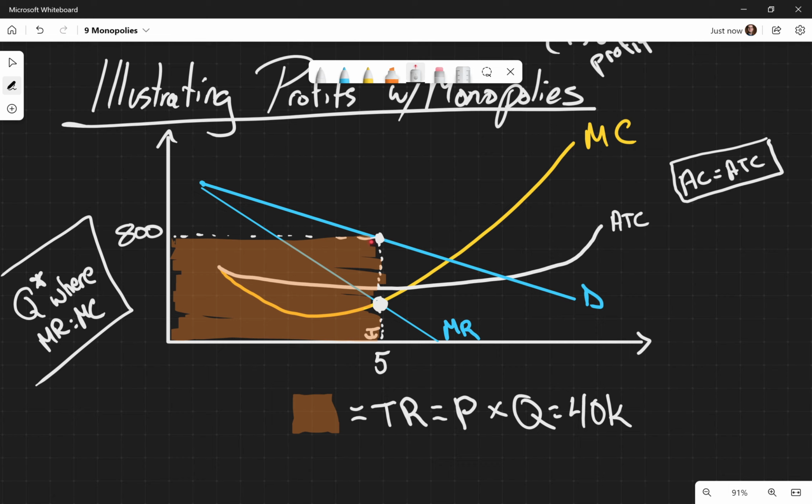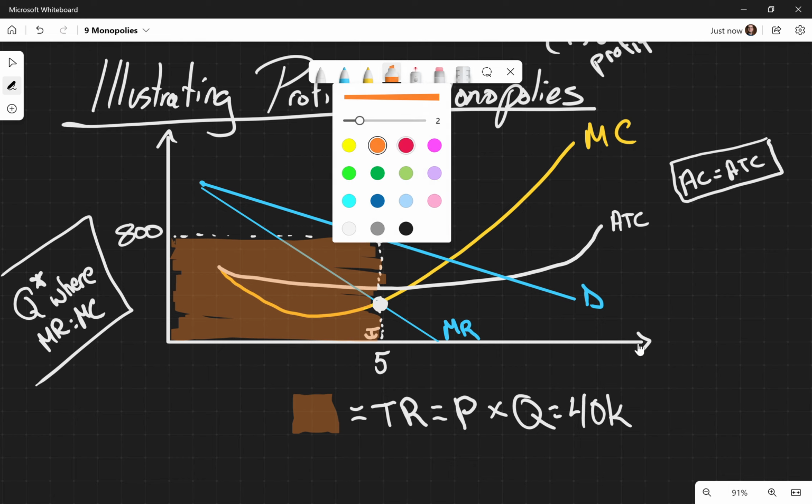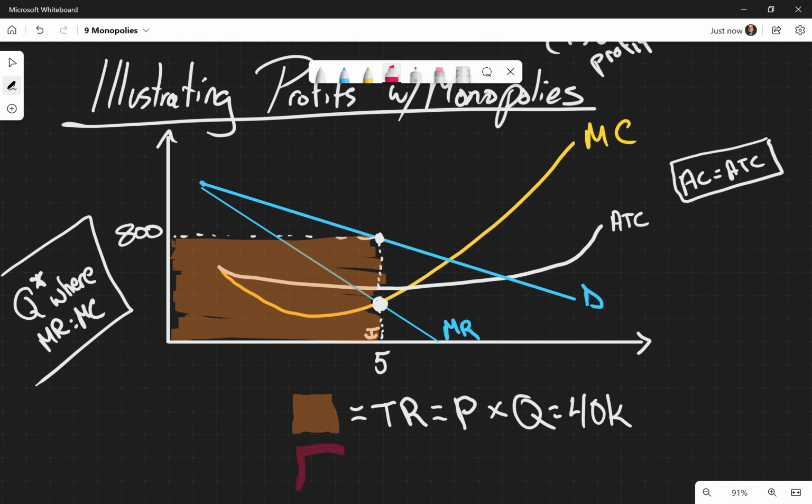Now we're going to do a similar thing with our costs. Say our total cost is equal to what? Our average total cost times the quantity. And we are told that at 5, our average total cost looks like it's 400. So 400 times 5 is going to give us 20,000.